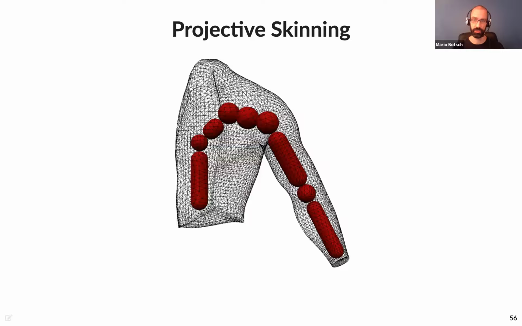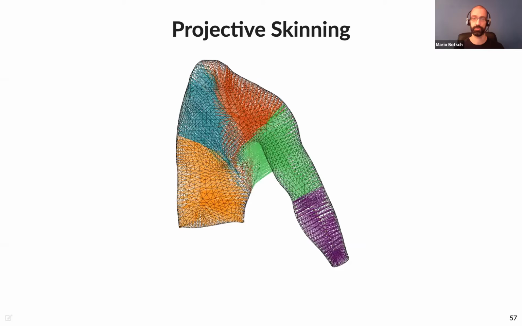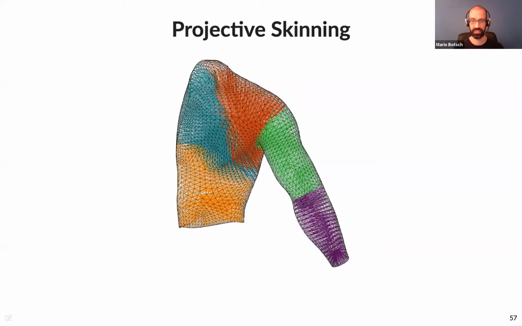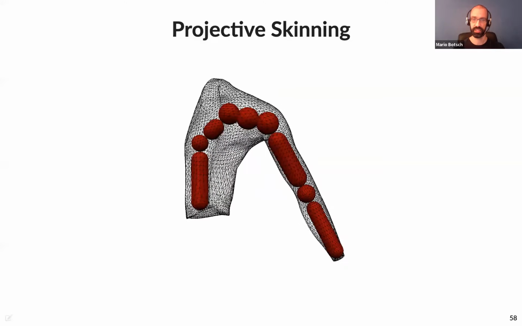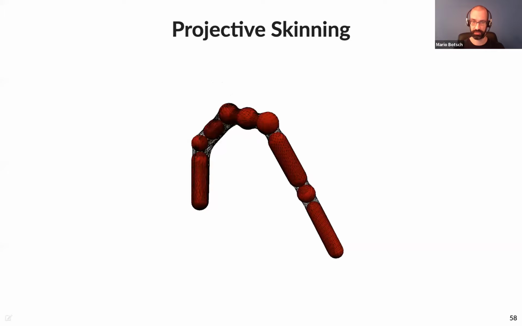And then we establish a correspondence between the skin and the skeleton by starting off with closest point projections and then smoothing this in order to resolve some intersections. And then we have a mapping from the skin to the bone, which allows us to shrink wrap the skin onto the volumetric skeleton, such that every triangle that used to be on the skin has a counterpart on the skeleton.